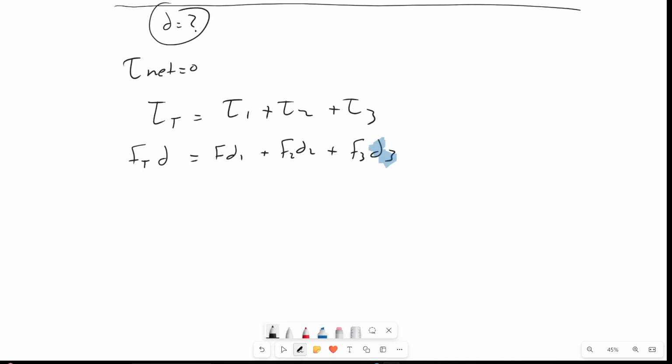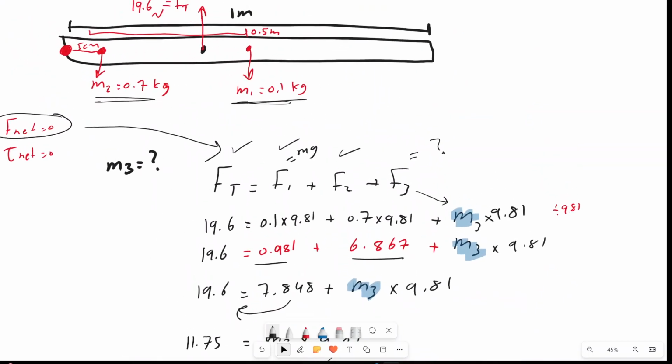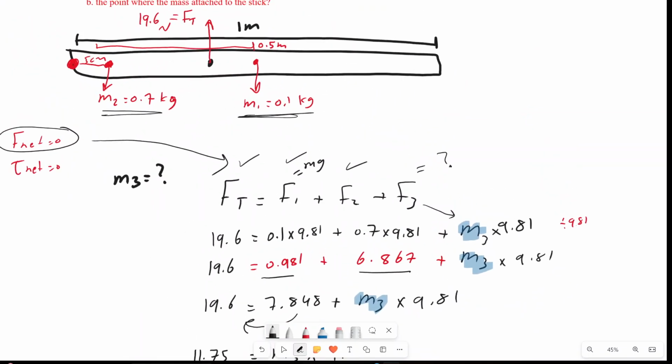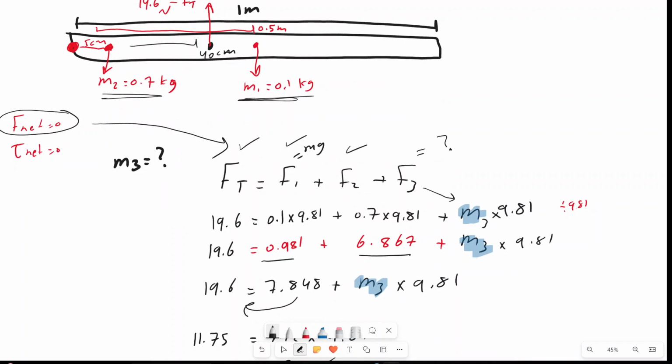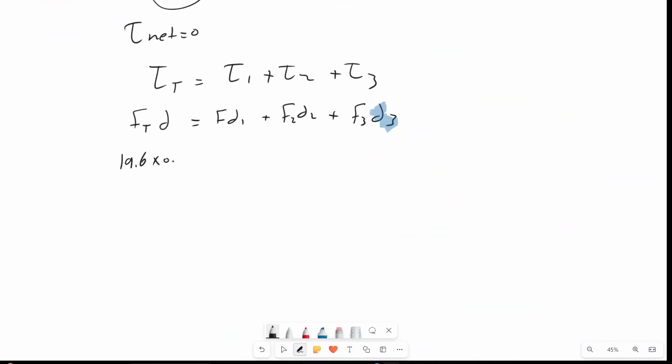Okay. Ft, how much was it? 19.6 was given. Where is the distance of the string? Distance of the string was, if you remember, I forgot to write it here, 40 centimeters, right? That was the distance of the string. 40 centimeters means 0.4 meters. Okay, so everything from the left side I know.